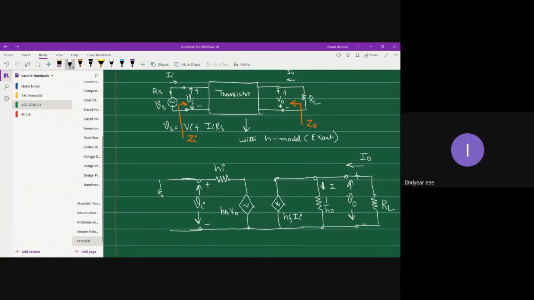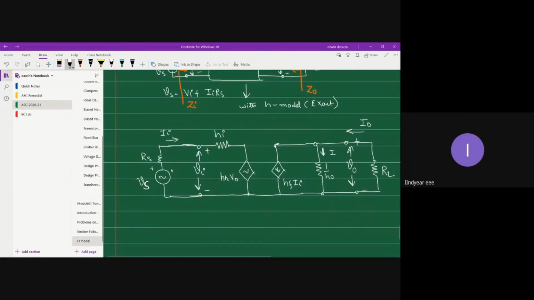Instead, it has a finite source resistance. Let's take that source resistance as Rs, and the source as Vs, and the input current as Ii. So this is our exact hybrid model. And let us also write the H model equations.